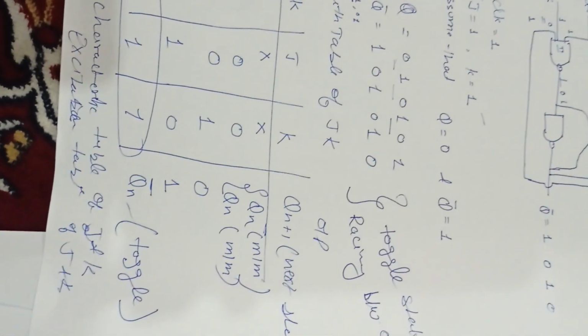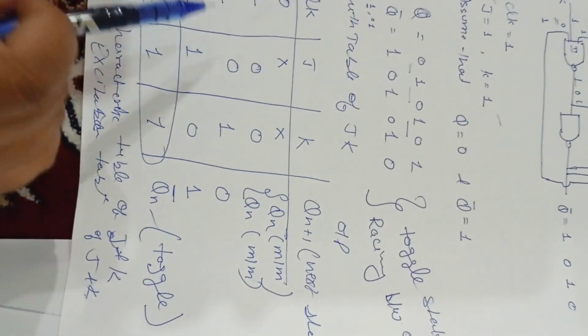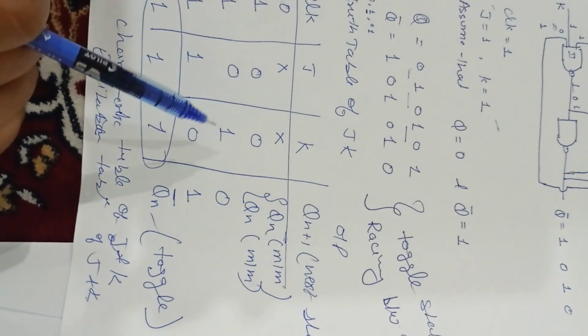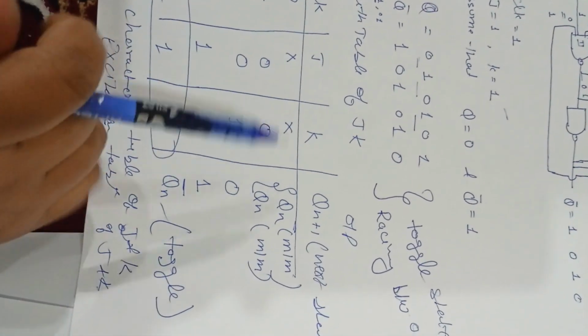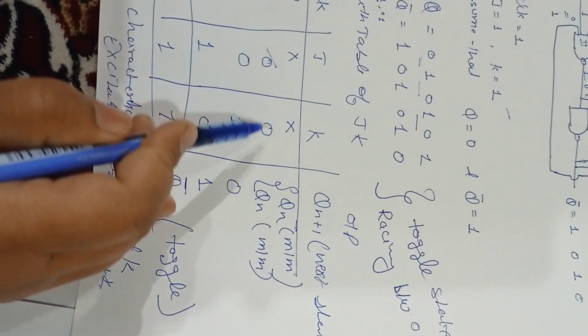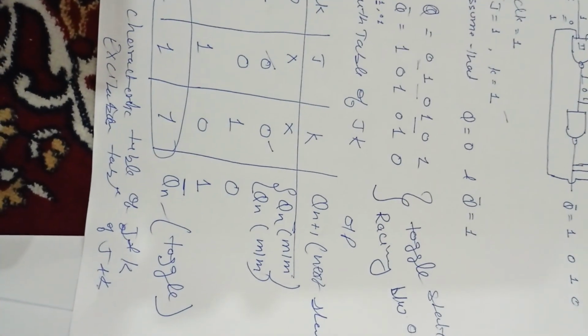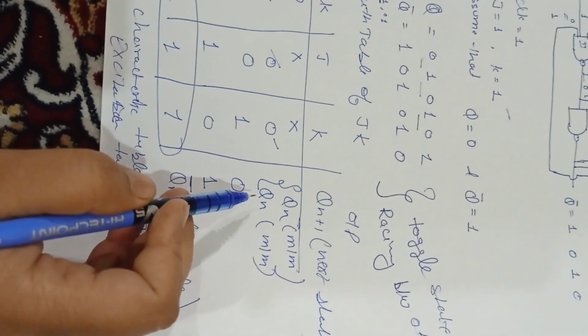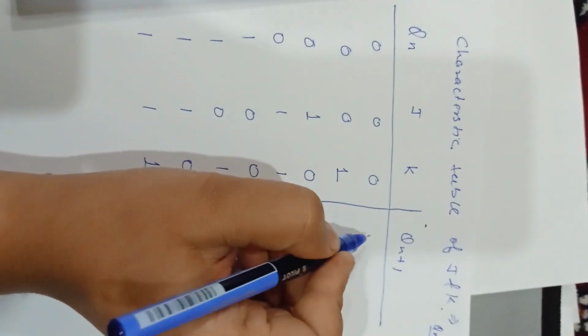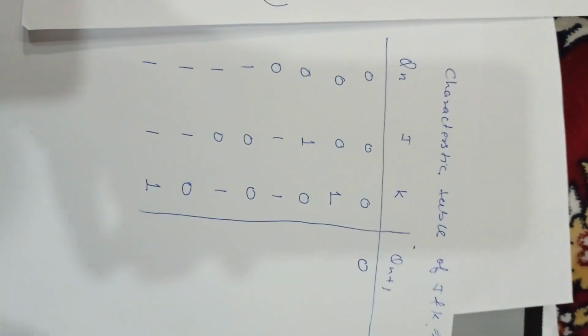Just look at the truth table of J and K: when J and K are both 0, Qn+1 is nothing but Qn. Here Qn is 0, so the value for the first case is 0.